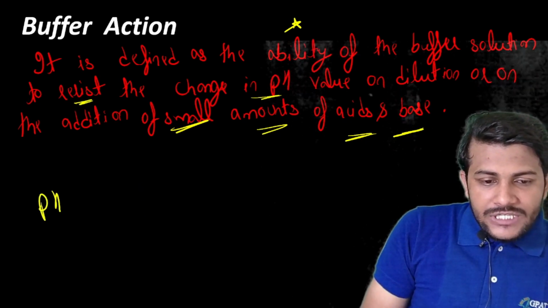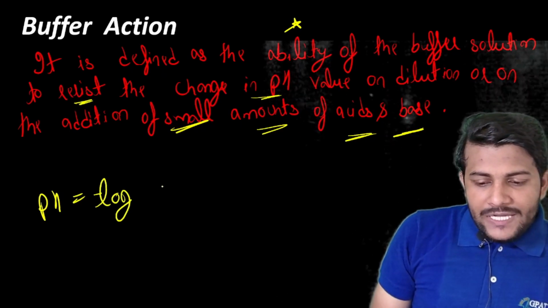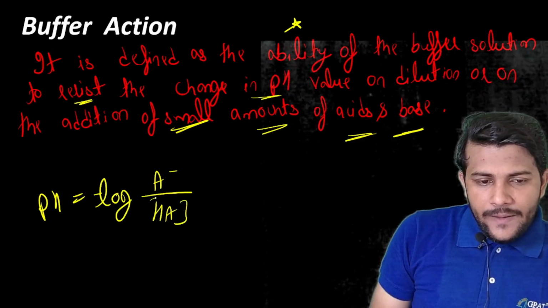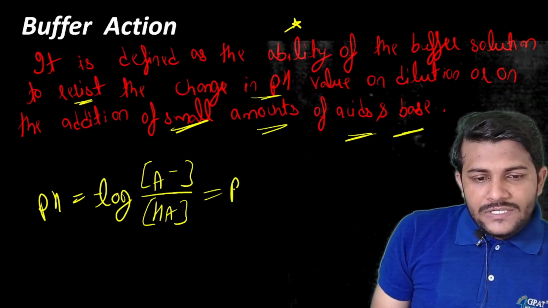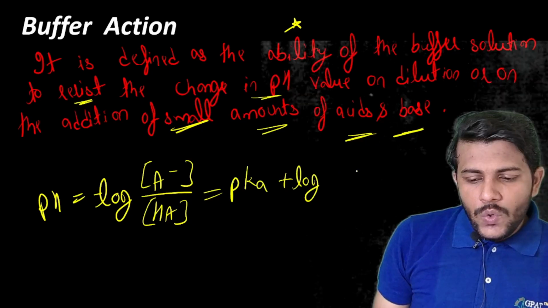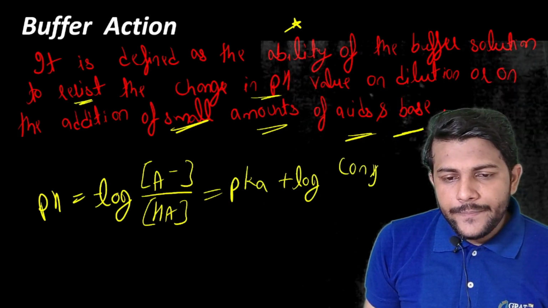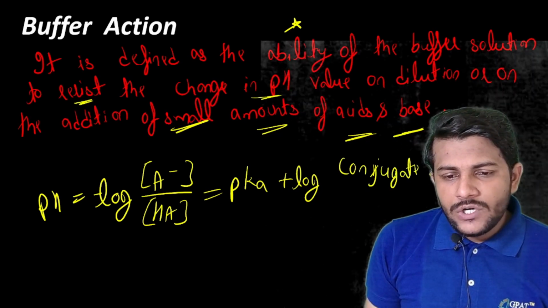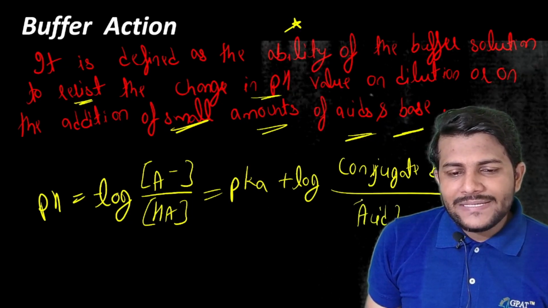Here is a representation via an equation. pH is equal to log of A negative divided by HA, which is equal to pKa plus log of conjugate base divided by acid.